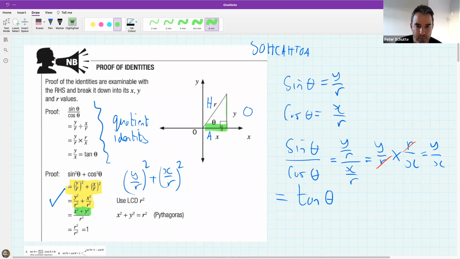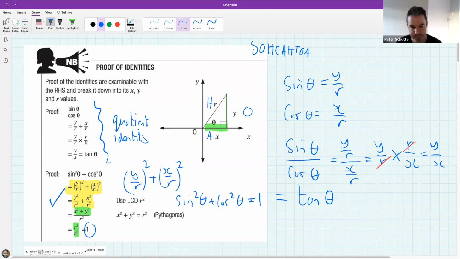And so we know by the theorem of Pythagoras that x squared plus y squared must be r squared. And anything over itself is just then going to be 1. And that is why we can say that sine squared theta plus cos squared theta is 1.